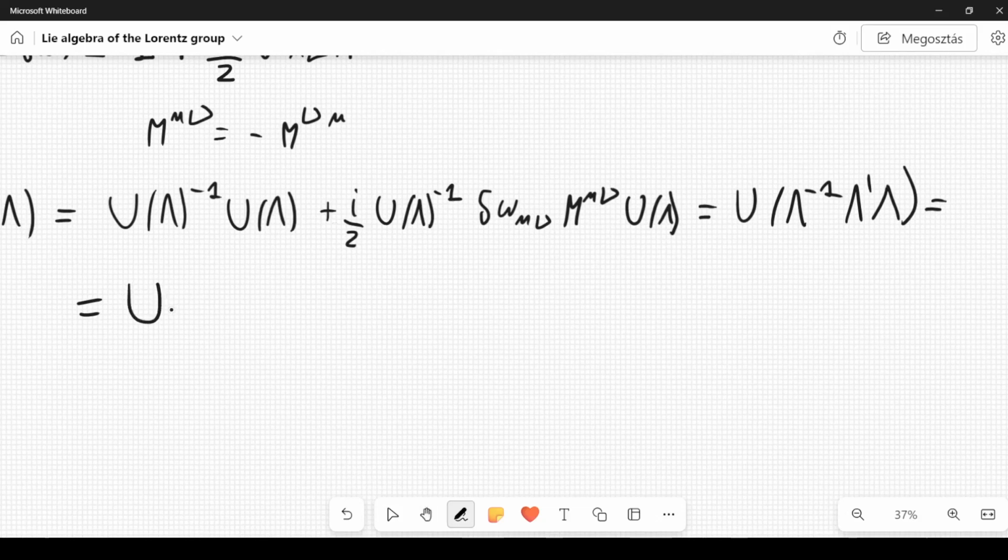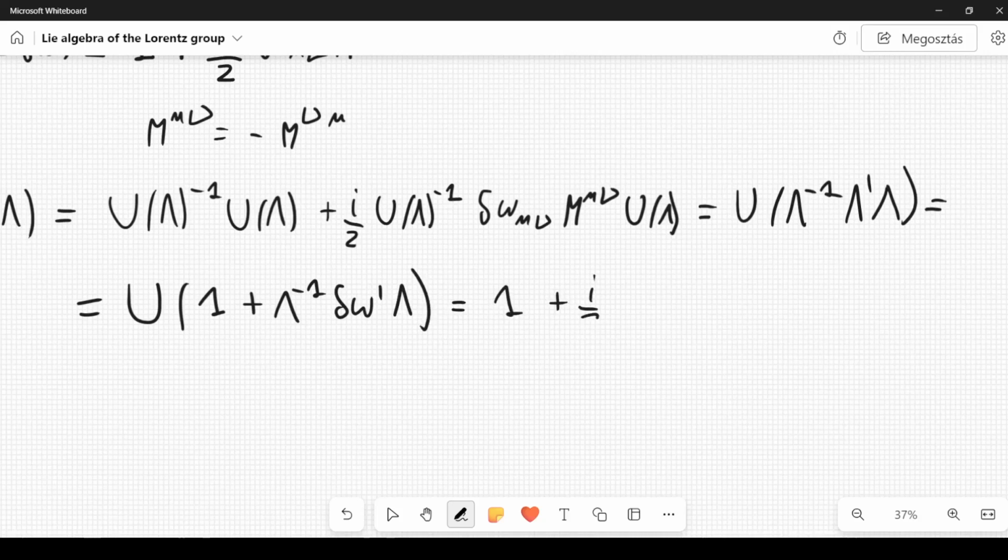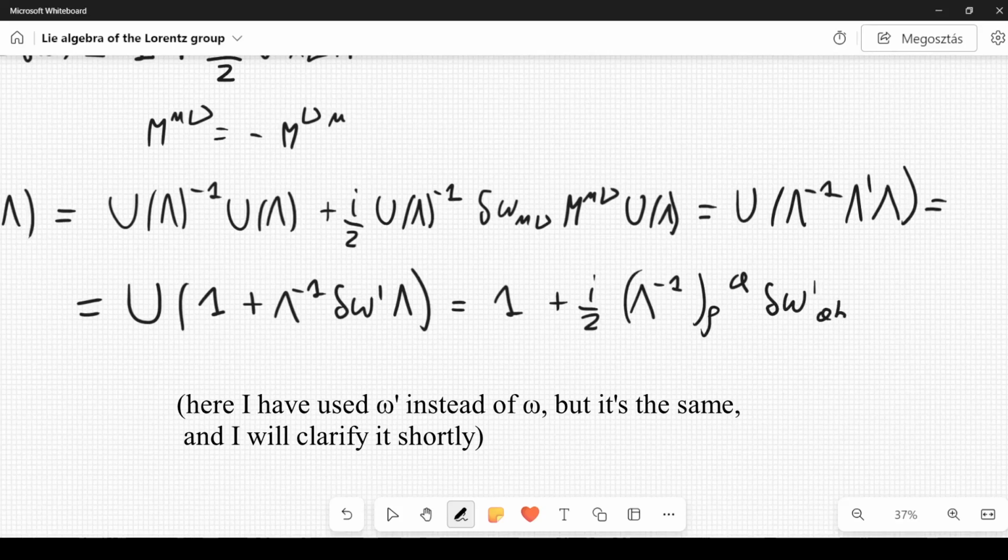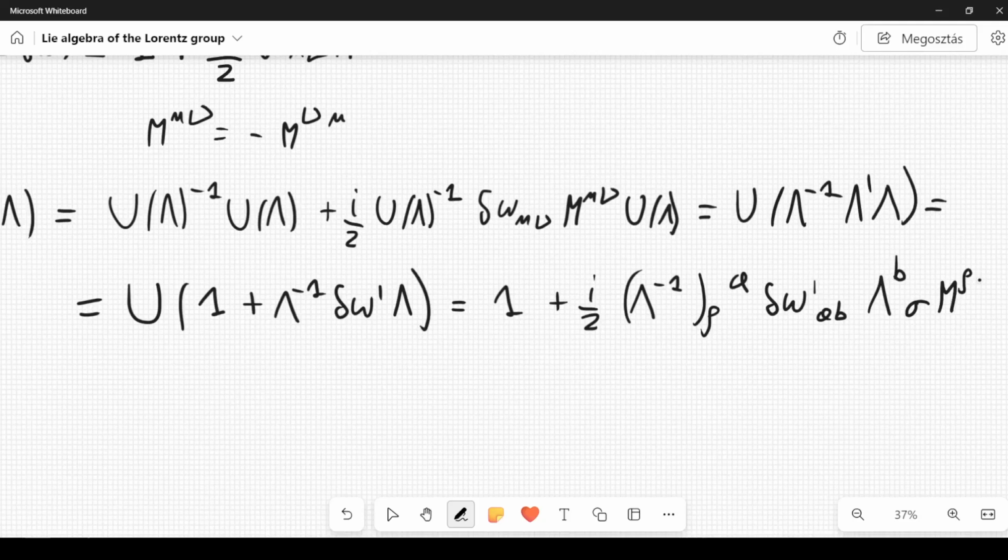We have U of the identity plus lambda inverse delta omega prime lambda, and this is equal to the operator 1 plus i over 2, and then here we have lambda inverse rho alpha delta omega prime alpha beta lambda beta sigma M rho sigma.